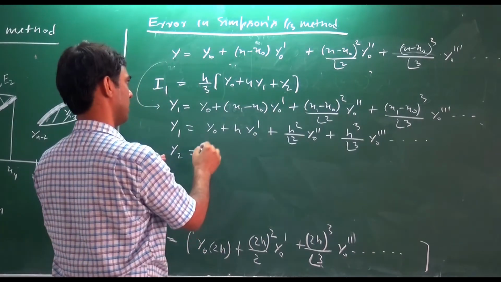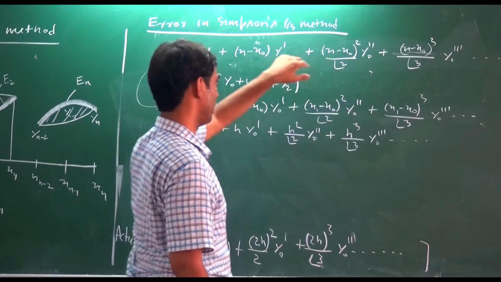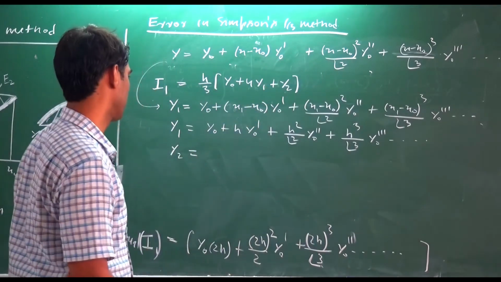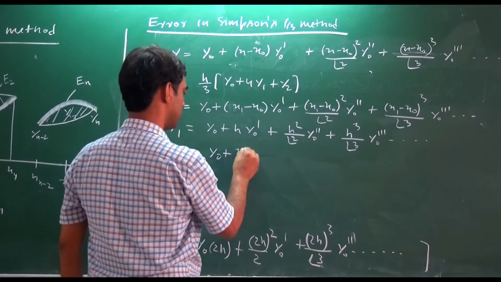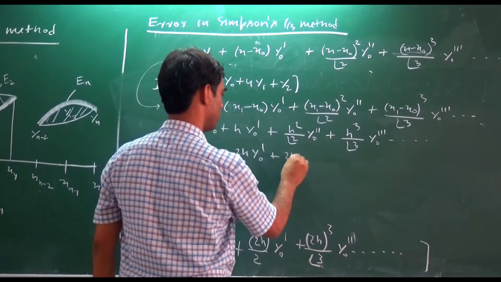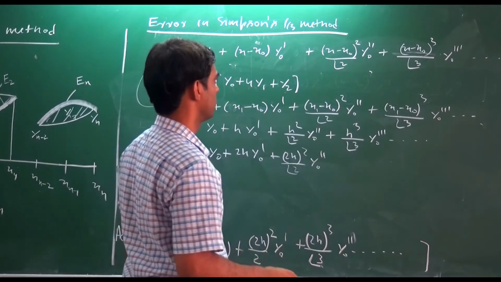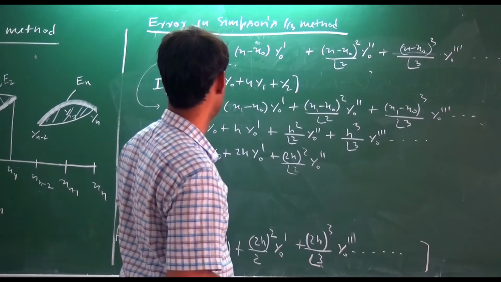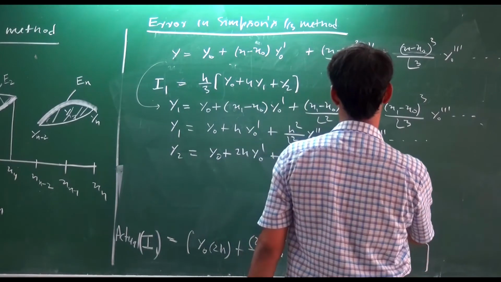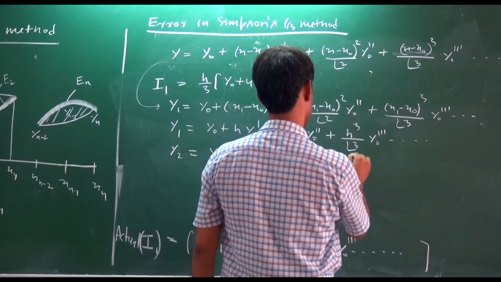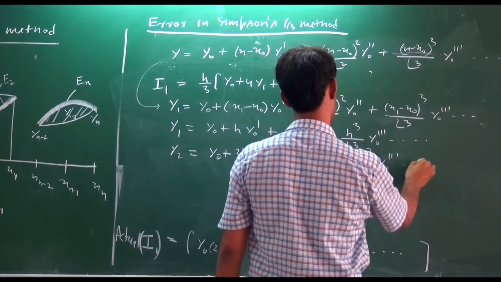So directly here we write, after simplification, y2 equals y0 plus 2h y0 dash plus (2h) square upon factorial 2 y0 double dash, and similarly (2h) whole cube upon factorial 3 y0 triple dash and so on.